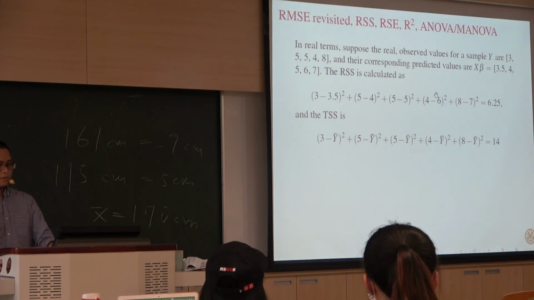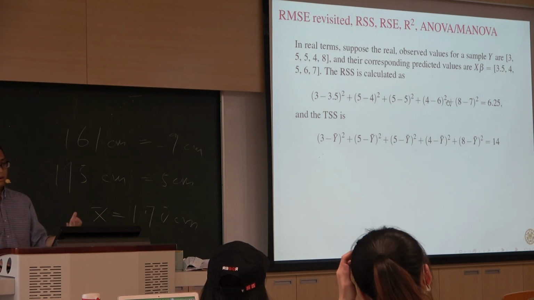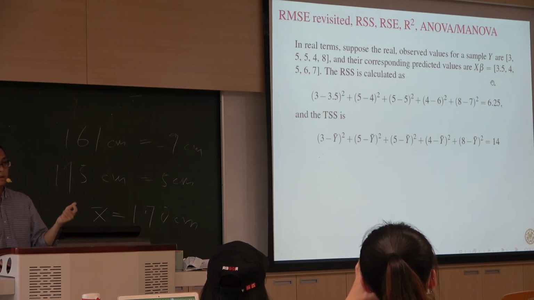So the residual sum of squares is simply the squared differences between the actual value and the predicted value. You can do this for each of the 5 observations, and then you sum them together, right?